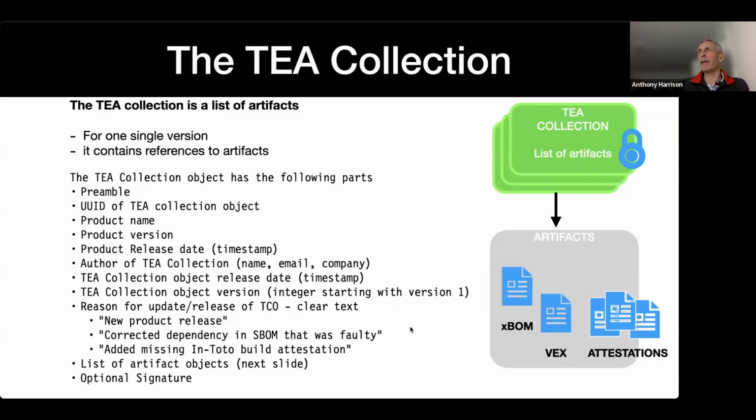So that could be, as an example here, an update in the SBOM because we missed a component, or a new vulnerability that's been reported and we want to report the status of that vulnerability. So we just need to keep that historical reference of these changes.